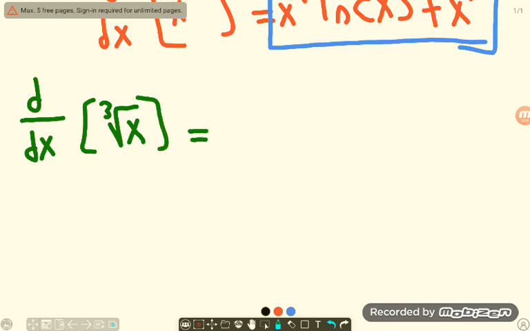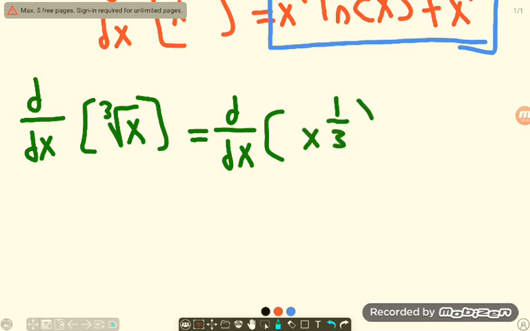Well, that will just be equal to the derivative with respect to x of x to the one third, like we did with the root of t in the last question, where 1 is n, the power, and 3 is m, the index of the root. Well, this is a simple power rule, so we can bring the power down and multiply it by x to the n minus 1.